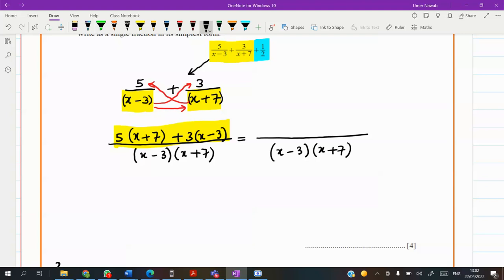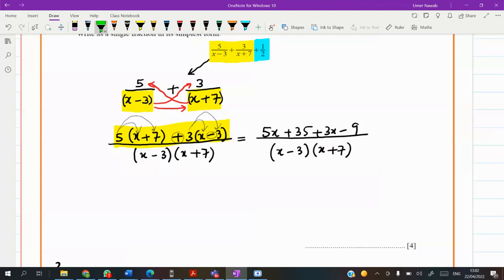So how do I expand the numerator? This 5 will multiply with x and 5 multiply with 7. The good thing is outside we have a plus sign, so no change of sign will happen here. Just 3 multiply with x and 3 multiply with 3. So 5x, 35, 3x and minus 9.